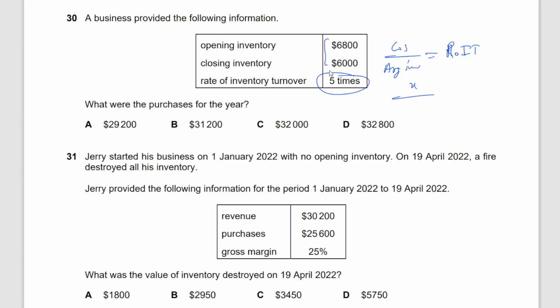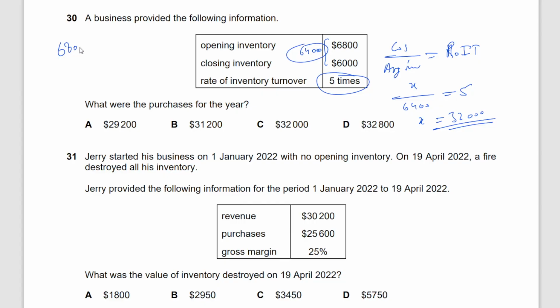Average inventory, let's average these two. 6,800 plus 6,000 divided by 2 is 6,400. That's the average. And so cost of sales over average inventory equals 5. So X equals 5 times 6,400, which is 32,000. That's cost of sales. If we know cost of sales, we know that opening inventory plus purchases minus closing inventory is cost of sales.